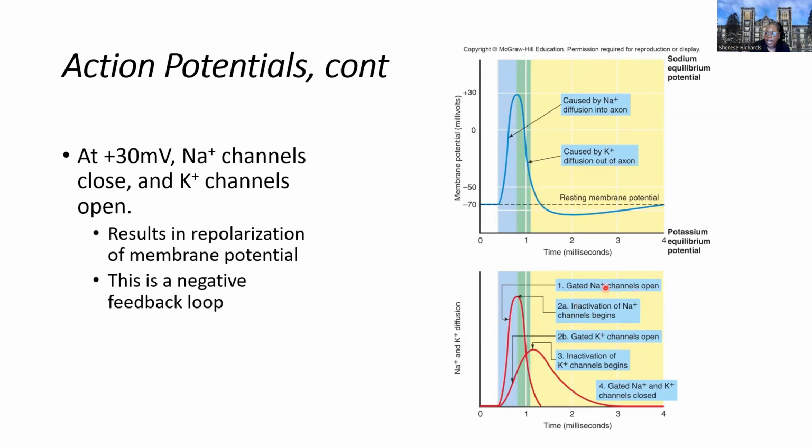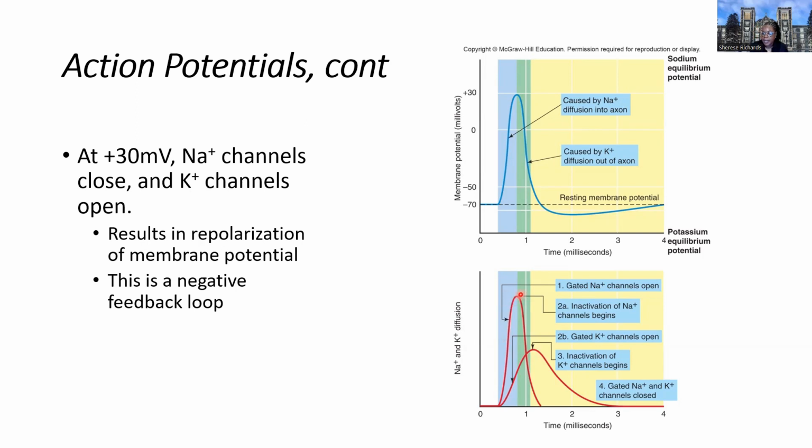Okay. And then just to look at the second panel here and really look at the gating principles. So for the sodium channel, the activation gates on sodium channels are going to open when we get to -55. And then that timed millisecond condition is going to be triggered. And so after 1 millisecond, inactivation gates are going to close, which really corresponds with the membrane potential being way up here at +30.